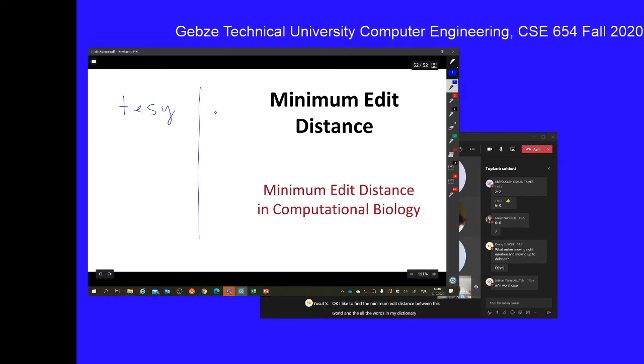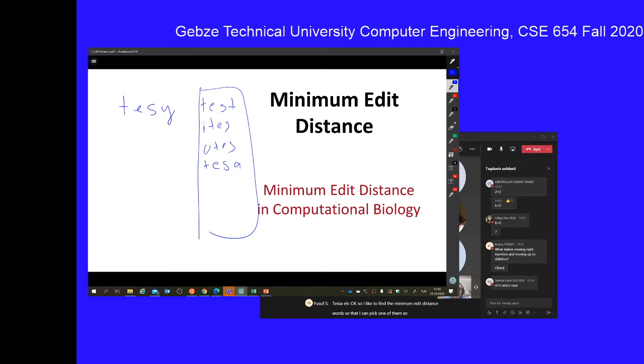Let's say I have 100 words in my dictionary. One of them is test. The other one is I test, etc. So I like to find the minimum edit distance words so that I can pick one of them.